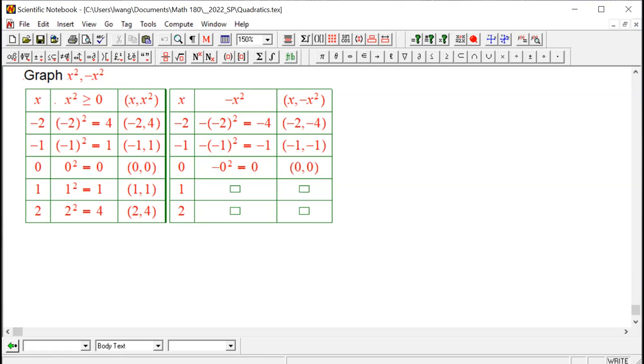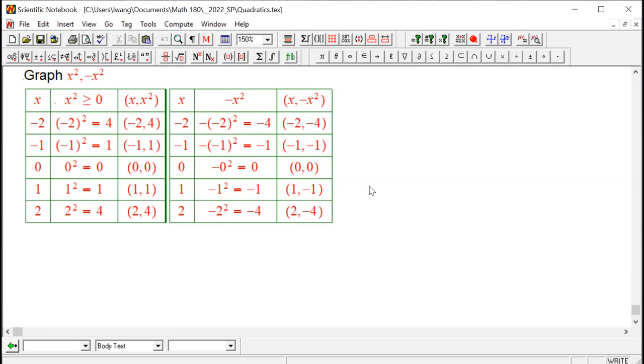The next one is -(1 squared), and that's going to be -1. Input 1, output -1. For 2 as input under this rule, it is -(2 squared), which equals -4. The output is -4 when the input is 2.